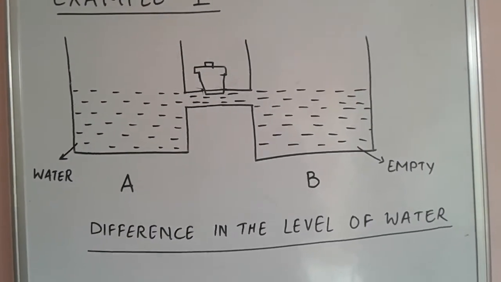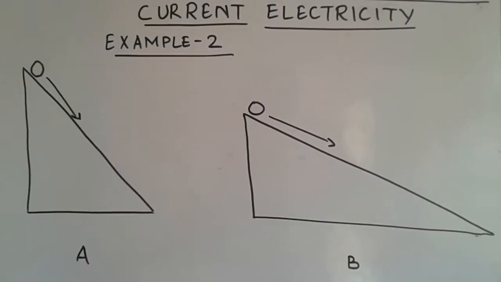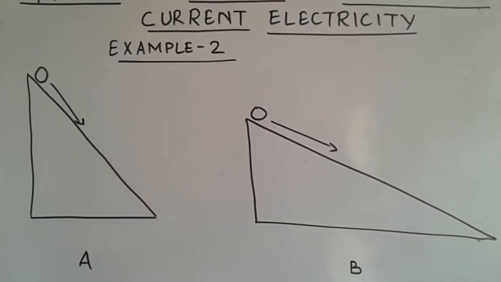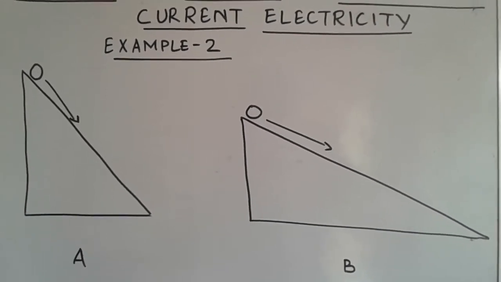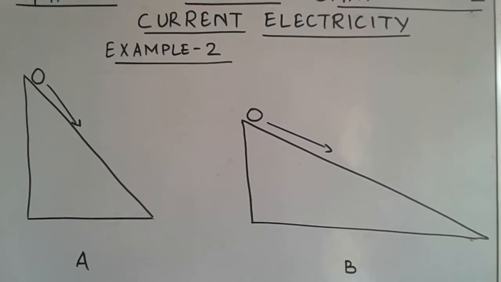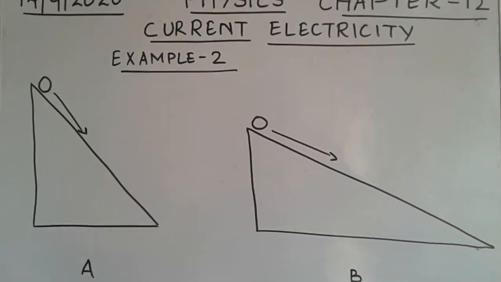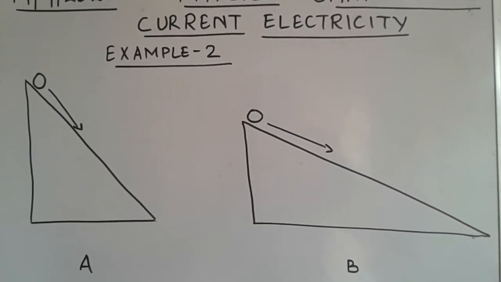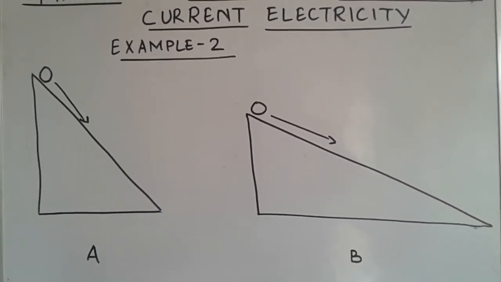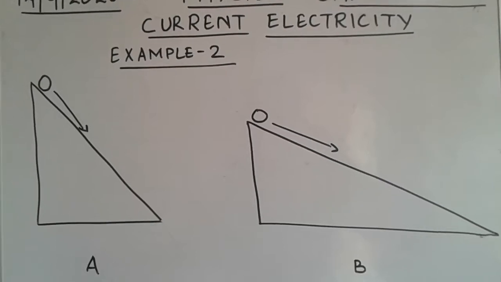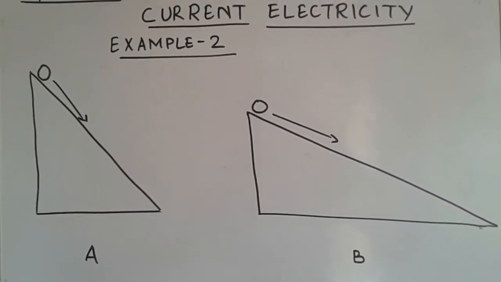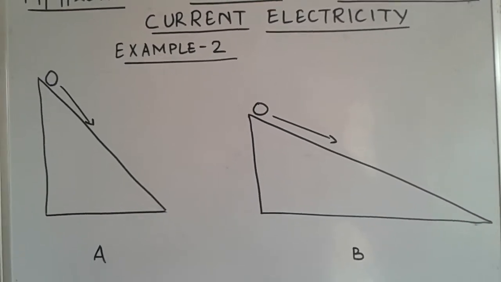Now let me give you one more example. This is example number 2, and in this you can see an inclined plane, where two blocks are kept and they are inclined at different angles. Block A is steeper and block B is less steep as compared to block A. Two balls are kept on the top of these two blocks, and when they are released and fall down, the speed of which one will be greater?